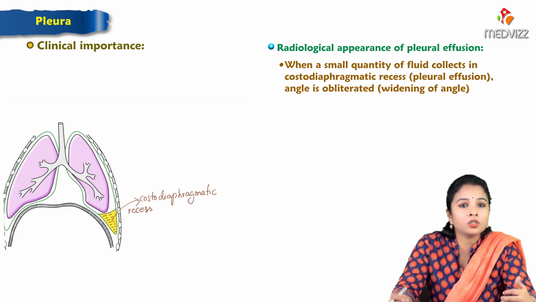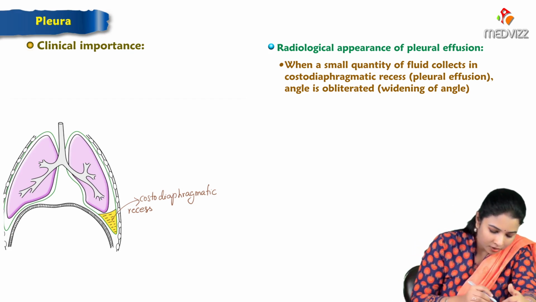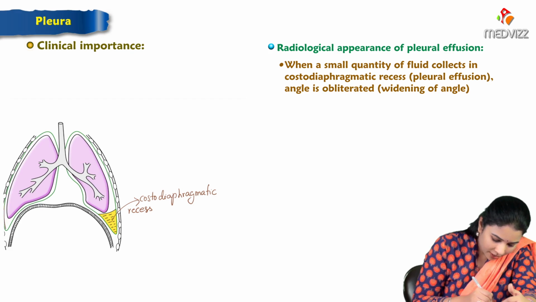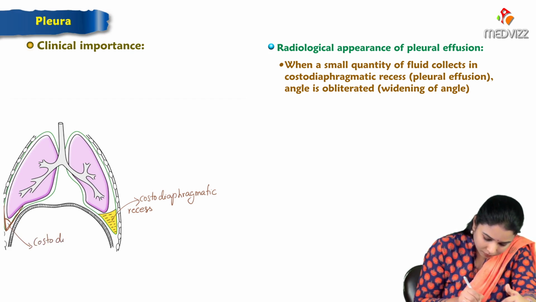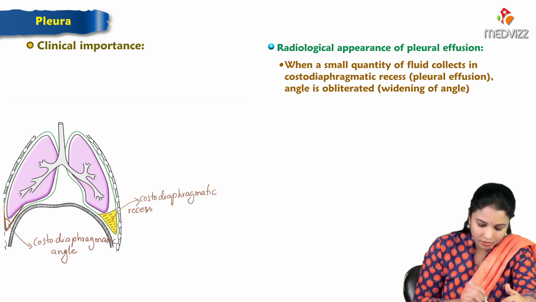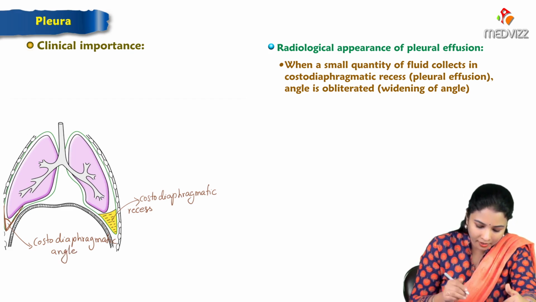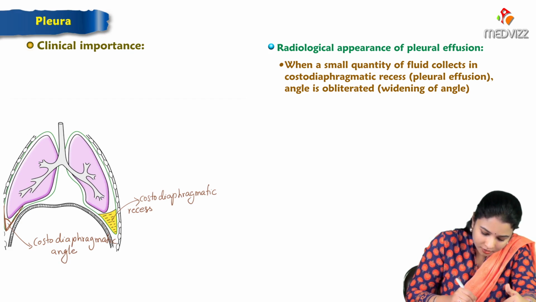So the angle is the costo-diaphragmatic angle. On the normal side I'll show, this is the angle. So this is the normal costo-diaphragmatic angle, whereas this angle is reduced in the radiograph. You can see here the shadow appears like this.